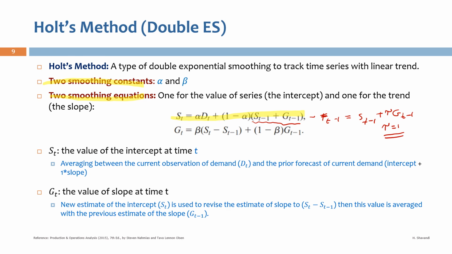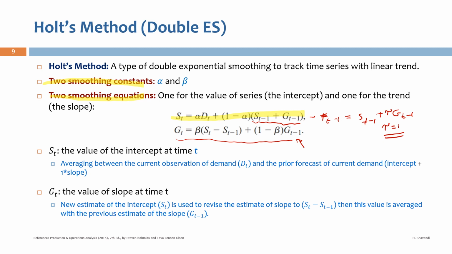Okay, and for the slope, we use the new St and St-1 in order to revise the slope, and then we consider this revised slope and the previous estimation for the slope Gt-1, and again we take a weighted average between these two in order to update the slope at time t.